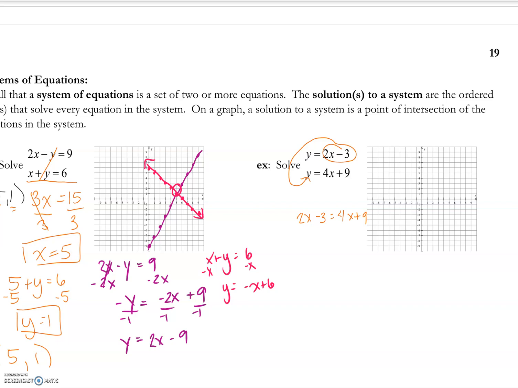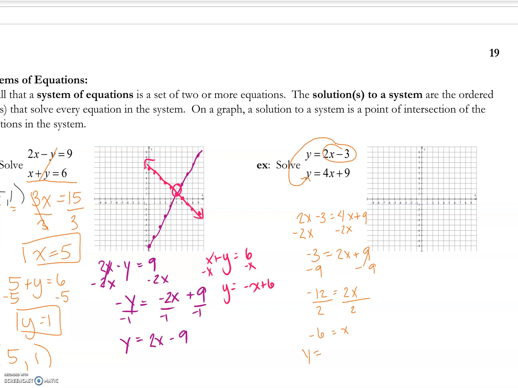I can start maybe by subtracting 2x on both sides and get negative 3 equals 2x plus 9. Then I'll subtract 9 and get negative 12 equals 2x. Divide both sides by 2 and get negative 6 equals x. Now I can take this negative 6 equals x and plug it into either of my equations above. I'll use the top one this time.